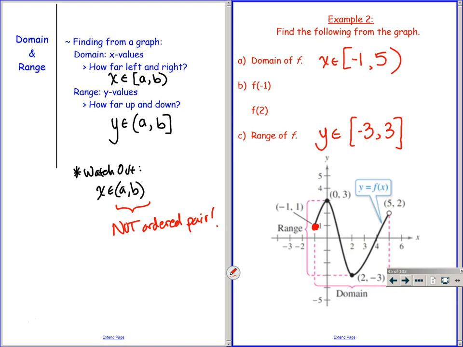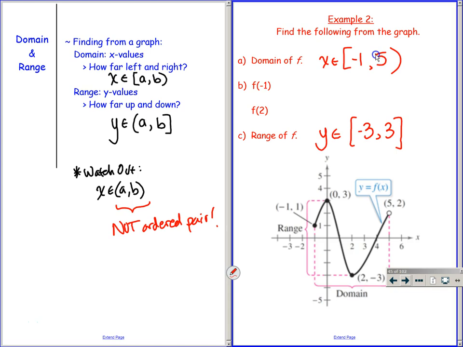Now, if this had kept going, wouldn't we have had to say -infinity to infinity? Because it would go forever. But it stops, so we have to say -3 to 3 because that's literally how low and how high it goes. But if it did somewhere else go lower, we'd have to consider that. We're not stuck here if the function keeps going.